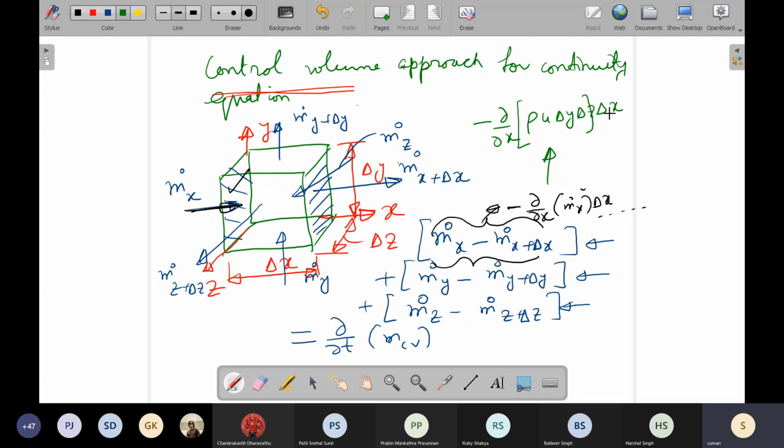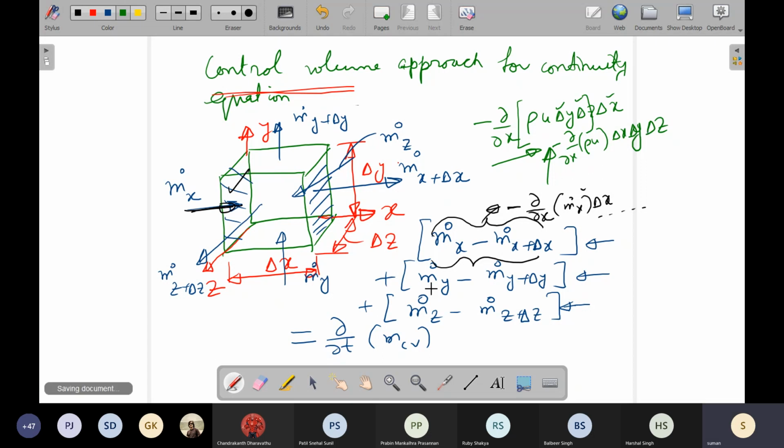So we can write this as minus this into rho u times delta x delta y delta z.